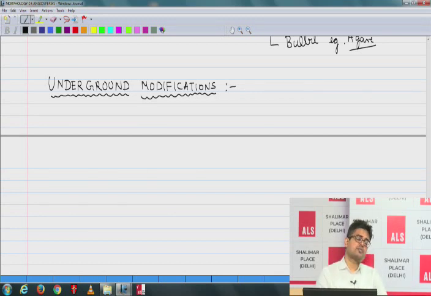refer to the structures formed by the stem present below the soil surface. So whatever you find here, all these structures will be present completely below the soil.